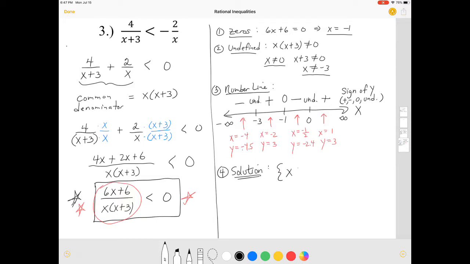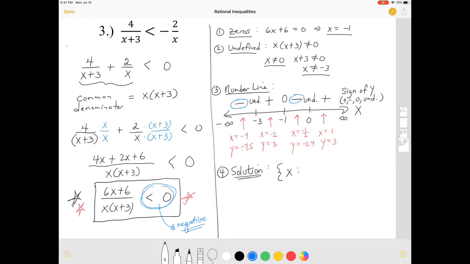So the solution is all x such that what? So let's go back to the inequality in the box. The inequality says that the function has to be less than 0. What does it mean to be less than 0? It means anything that is negative.